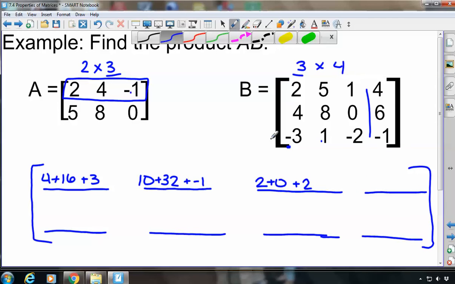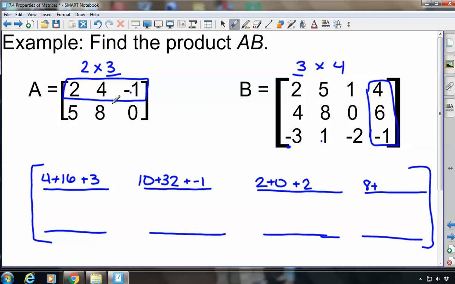Last, we have row 1, column 4. So row 1 times column 4. 2 times 4. 4 times 6. -1 times -1. Okay.